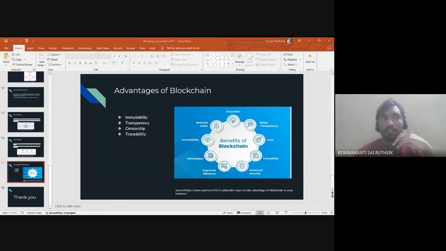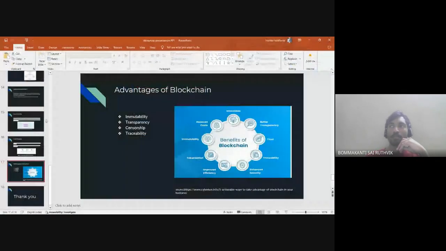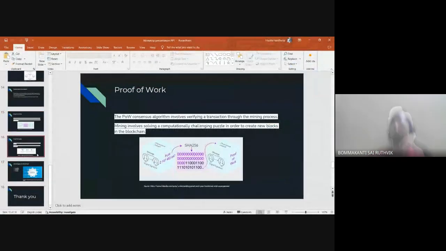If transactions happen, there is a record of every transaction, which is connected in chronological order. So there is a record of all the transactions. So that's it, I think. Remaining tomorrow, we'll be discussing cryptocurrencies and many other things.